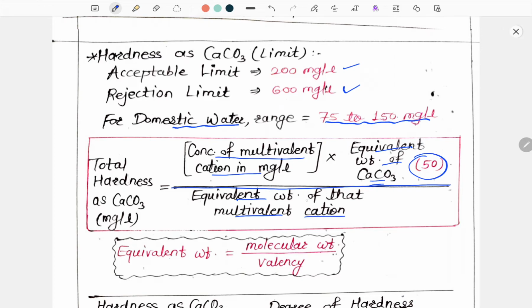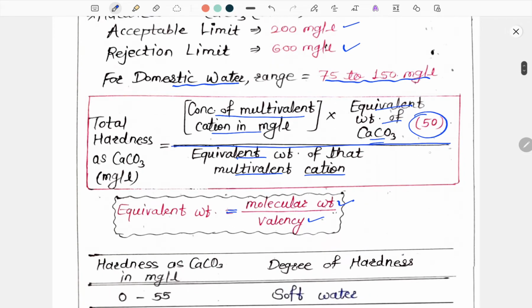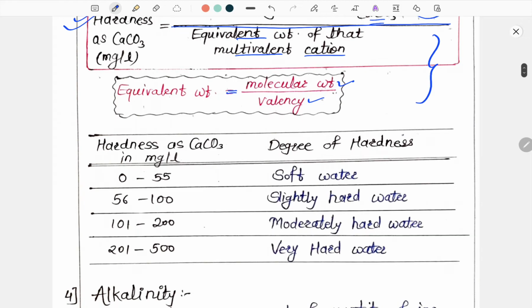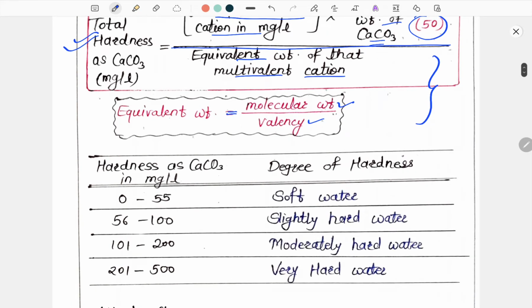The equivalent weight is calculated as molecular weight divided by valency. This formula is useful for calculating total hardness as CaCO3 in mg per liter.